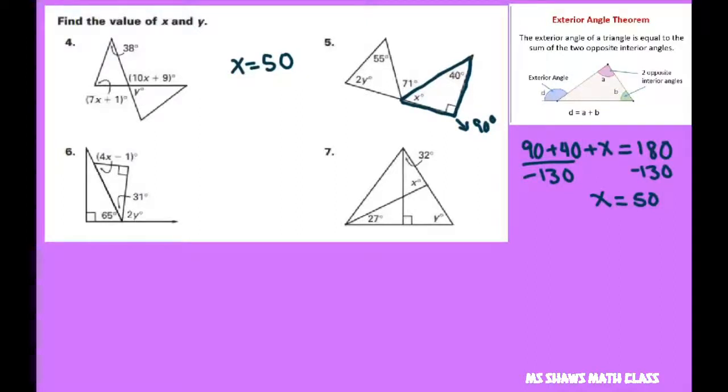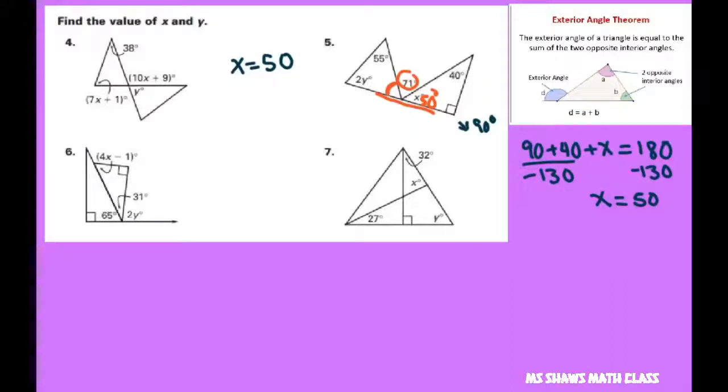And then, I'm going to erase this. We have this is 50. This is 71. So we're going to add all those up and set it to 180 because of the supplementary angle theorem. Let's call it z.